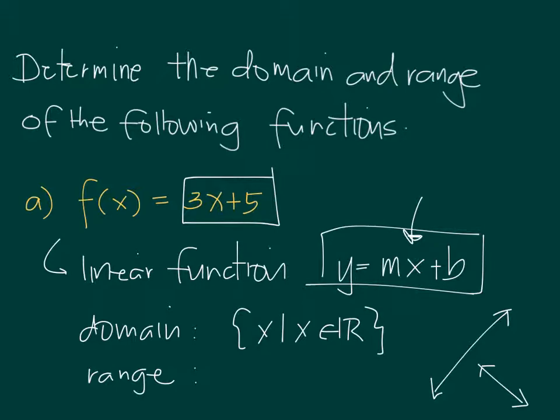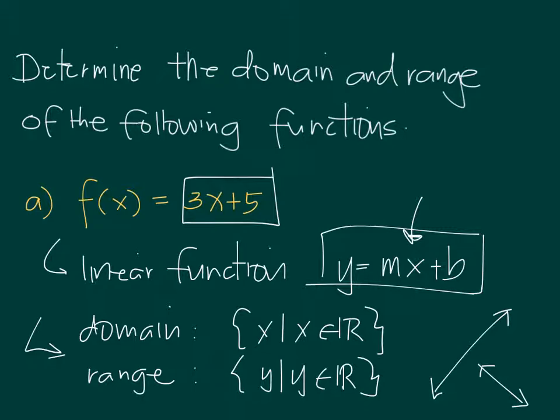So these lines are going infinitely upwards and downwards. So basically you're covering all the values of y. Same with the x. So your range will be the set of real numbers. And again, that is always the case for any equation of the form y equals mx plus b. A linear function will have this domain and range if it is of the form mx plus b.